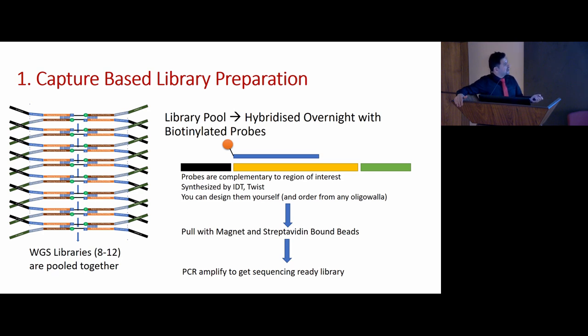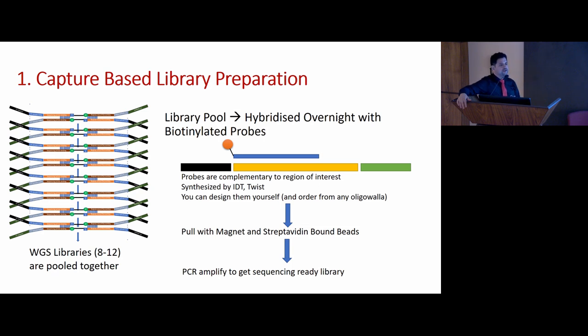These probes are complementary to the region of interest, synthesized by IDT, Twist, GenScript and whoever. You can design these yourself. Picard has a program with which you can design these by yourself and order them from any oligonucleotide supplier, but they are expensive. If you want to order a biotinylated oligonucleotide, a single one will cost you 9,000.